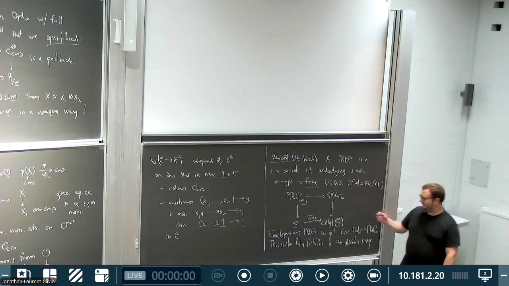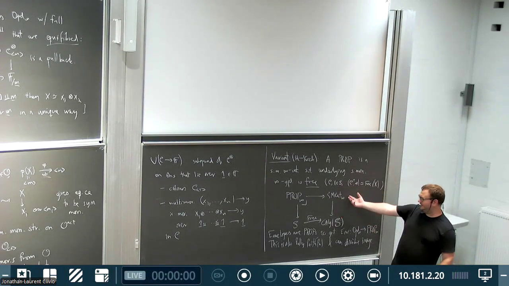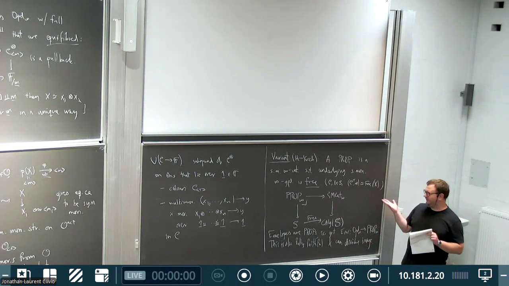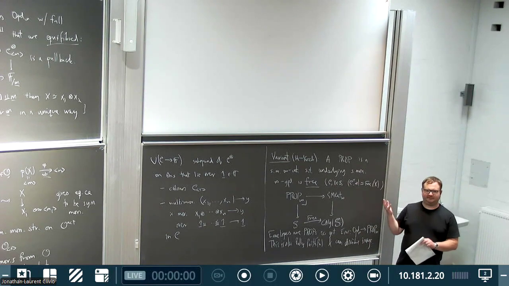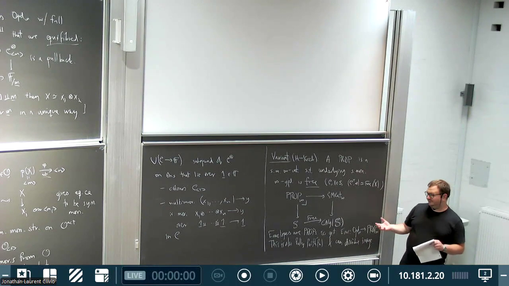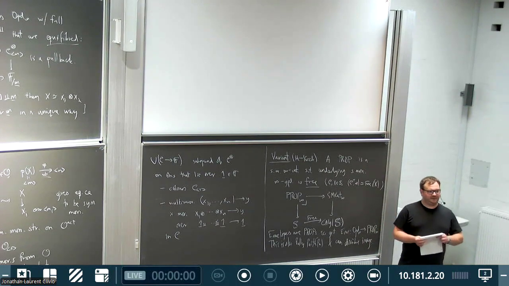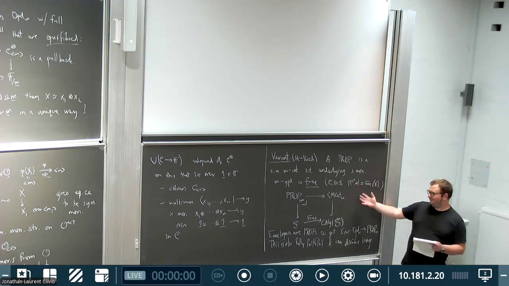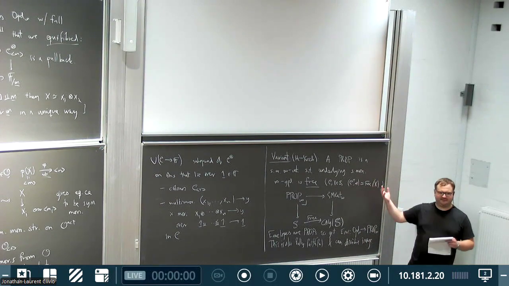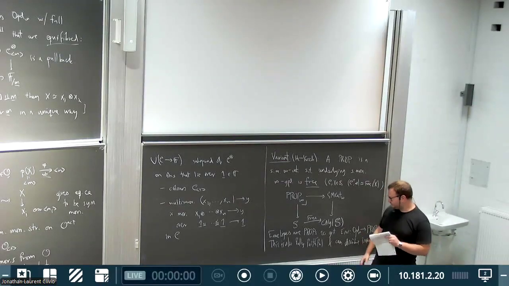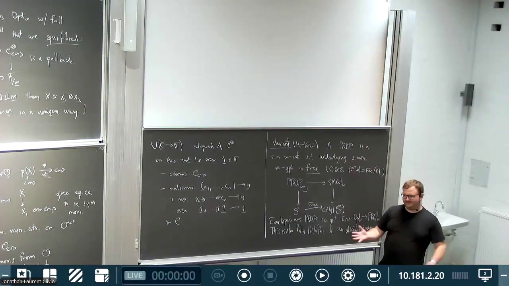I should say this is a little different from the way props are normally thought about in one categories, because people will often say that a prop is a symmetric monoidal category such that its underlying commutative monoid of objects is free. That condition is not invariant under equivalence. So this definition is more like saying the underlying symmetric monoidal groupoid is free, which is invariant under equivalences.